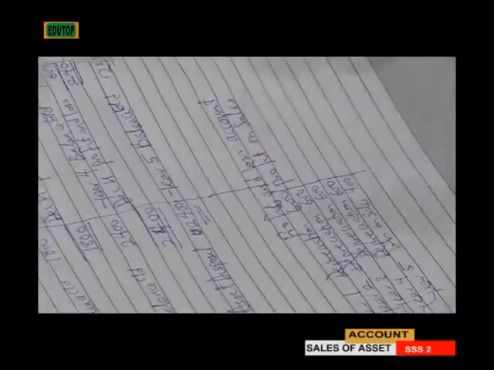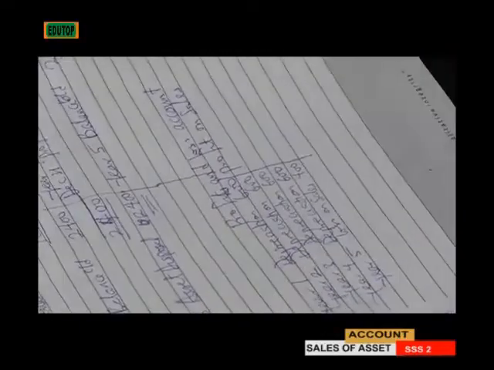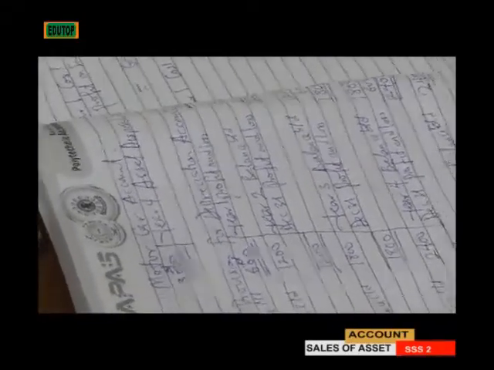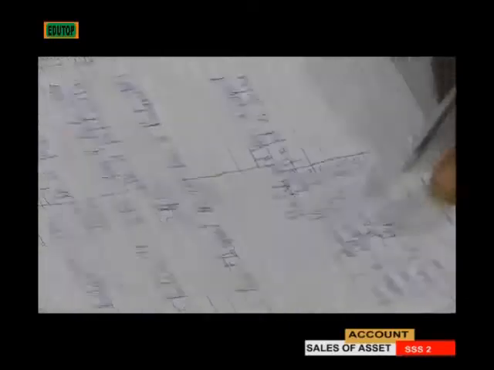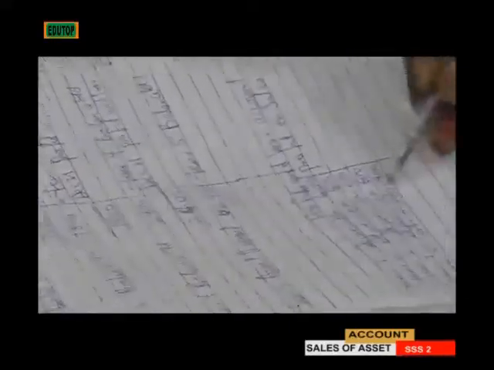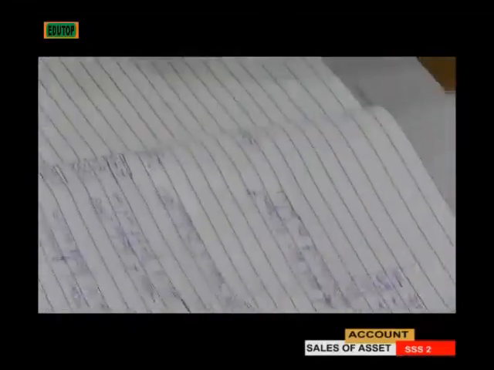So I'm giving you the instance that if there is a loss on sales of an asset, this is how you prepare it. Then you come back to profit and loss and write a loss on sales at the end of the day. But if it is profit, you write it here. So that is that on the sales of asset.